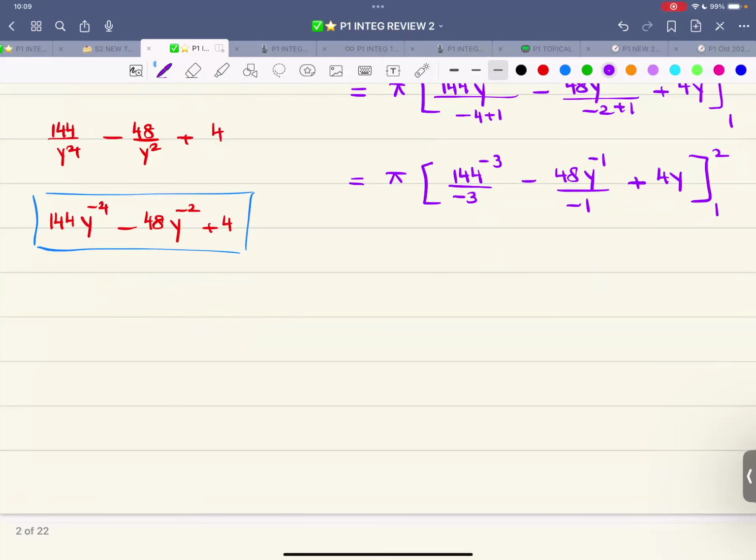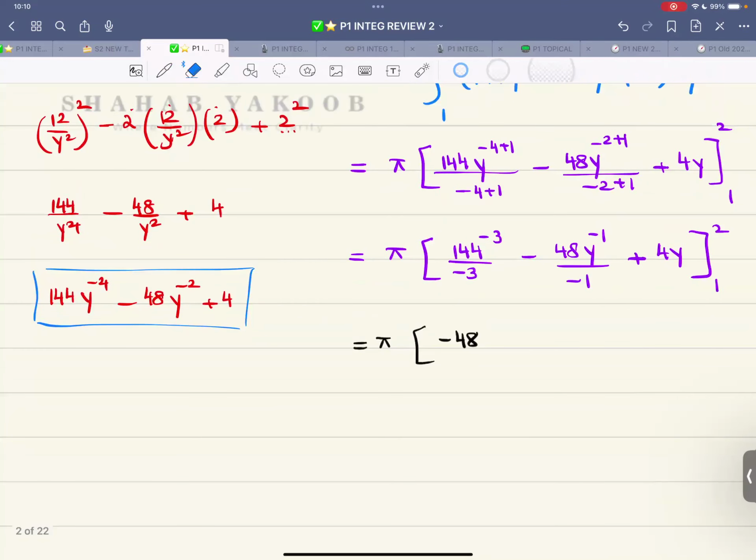Now, is 144 divisible by 3? I think so. So 144 divided by 3 is 48. So therefore, this is pi. This is negative 48. And I think I missed out the y.